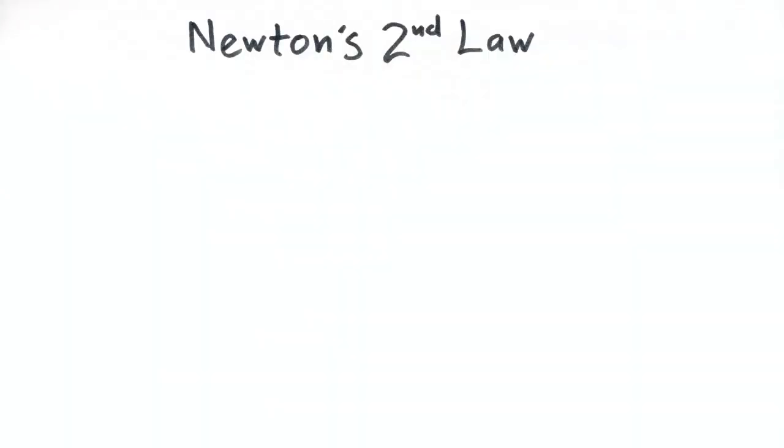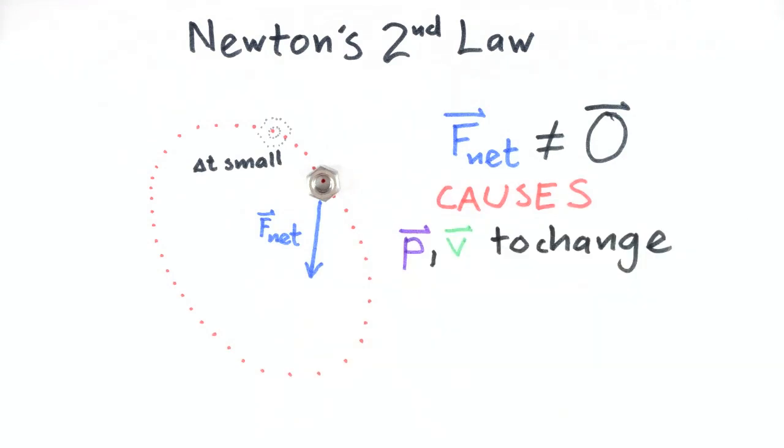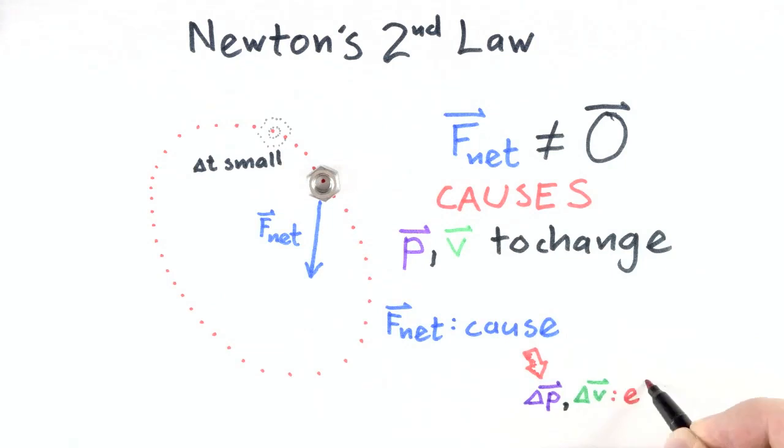Let's start with our fundamental principle, emphasizing here the cause and effect meaning of this. When we observe velocity changes or momentum changes in our system as we watch it for some period of time, Newton's second law tells us that non-zero total interactions in the surroundings, which is to say a non-zero net force on the system, are the causes and the motion changes are the corresponding effects.